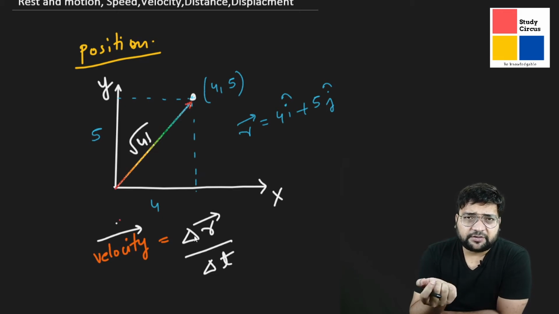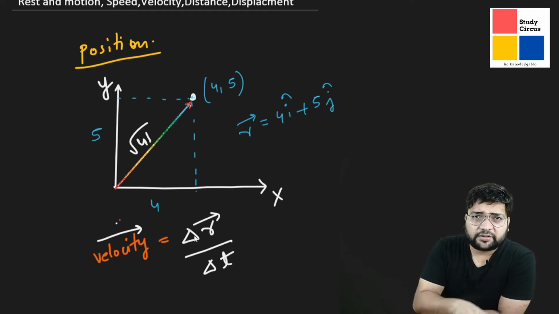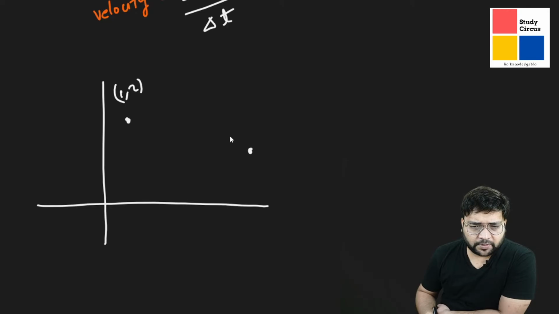Then what is speed? Before that, what is the difference between distance and displacement? This point is, let's say, (3, 1).